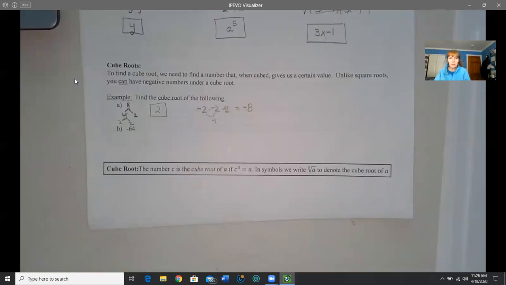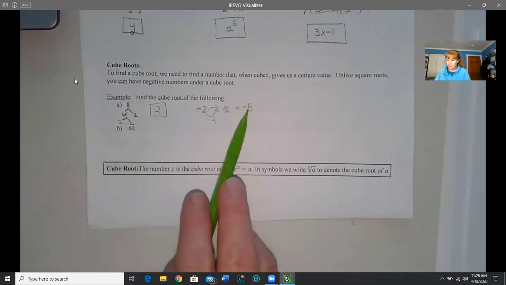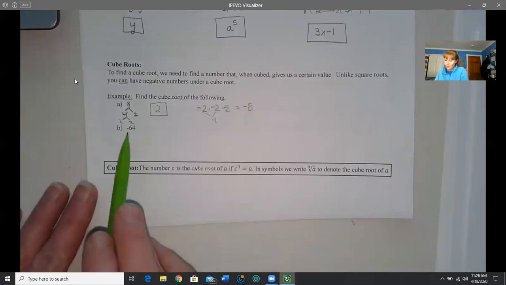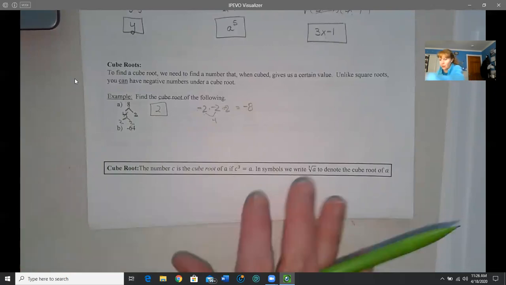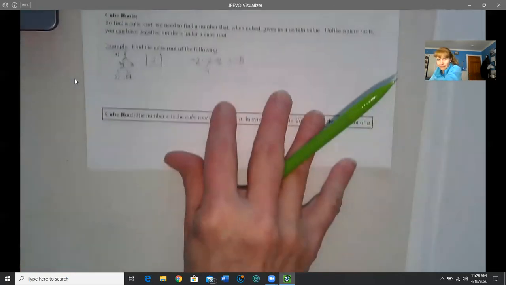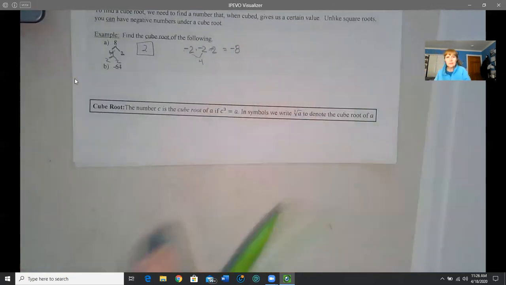And here's another thing. Can I have the cube root of a negative? Well, it kind of looks like maybe we can have a cube root of a negative and get a negative answer. What about -64? What's the cube root of -64? All right, let's break it apart.